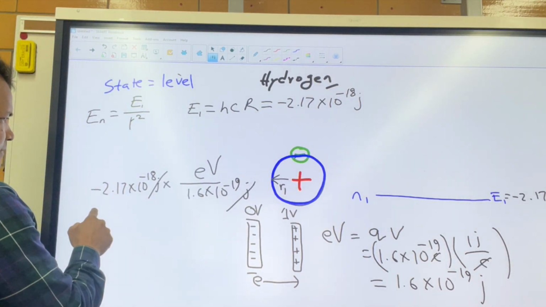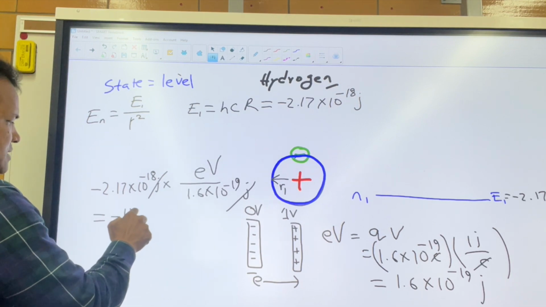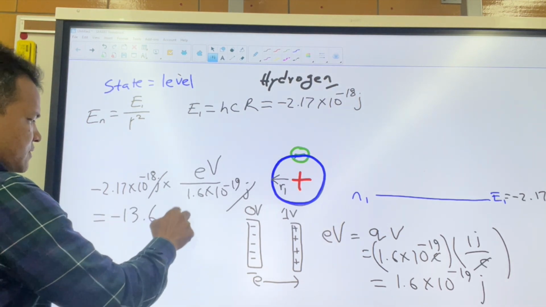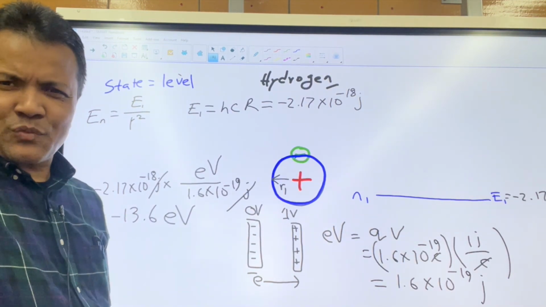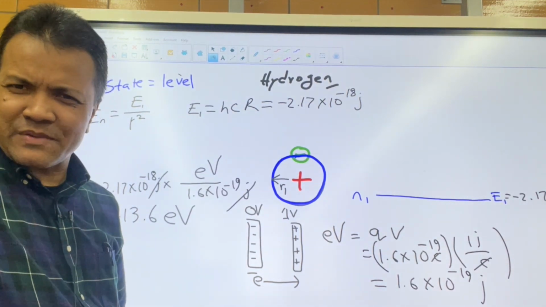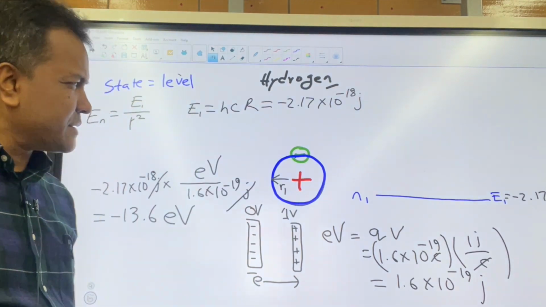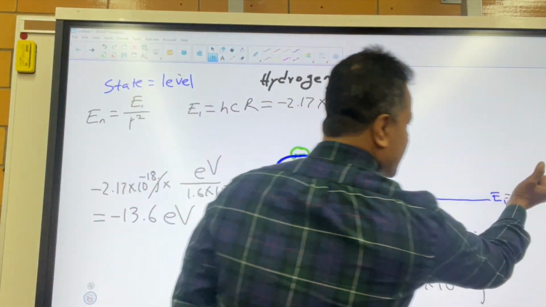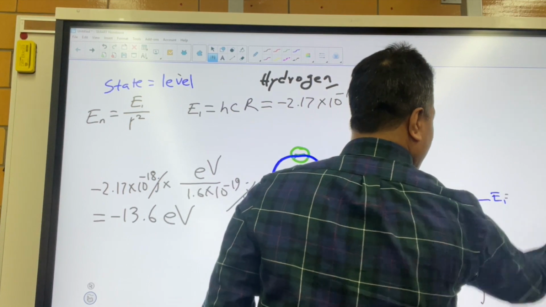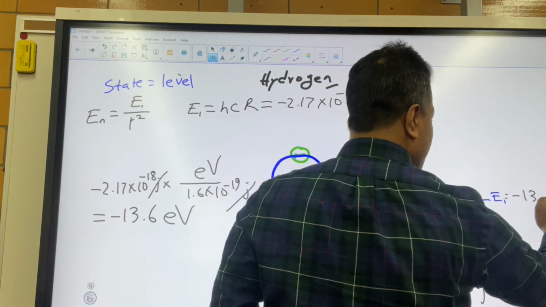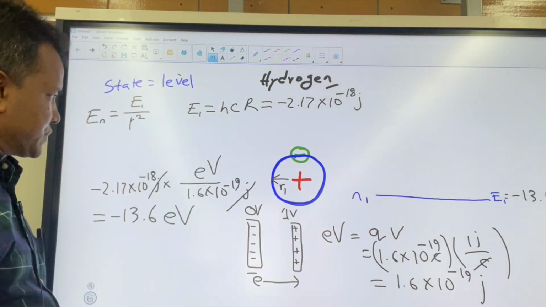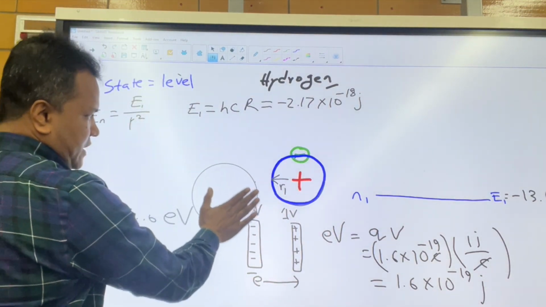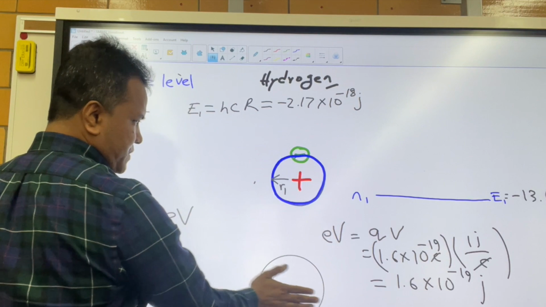You have negative 13.6 electron volt. This is a magic number because you see it on the physics reference table. Okay, good. So instead of using these, you're going to use negative 13.6 electron volt. So far so good. We are making progress, of course.